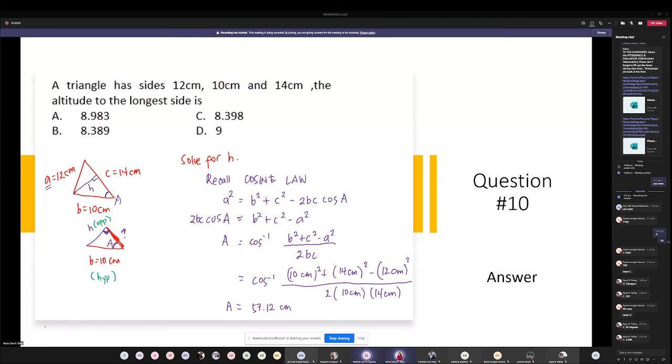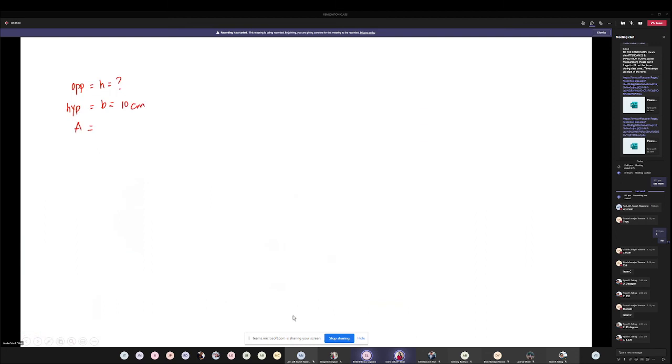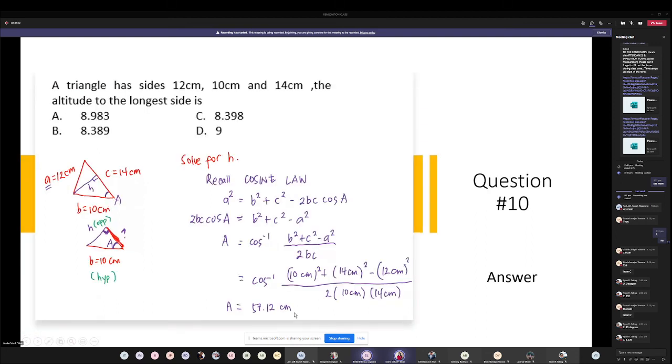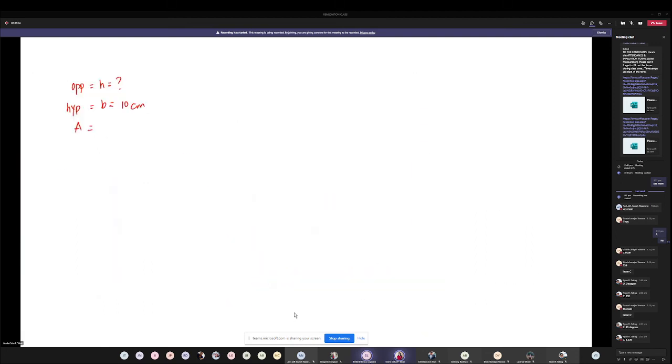Sorry, that should be in degrees, not in cm. Not allowed to erase the unit. It should be in degrees. So it's 57.12 degrees.